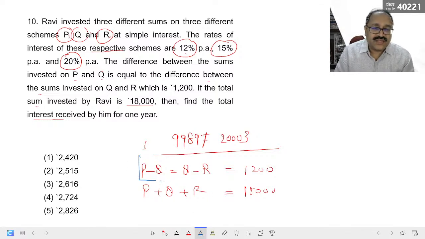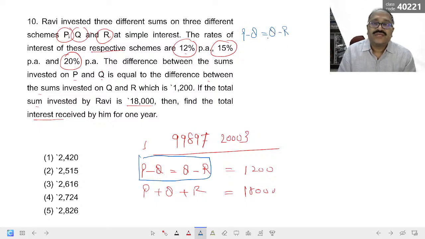Use this equation: P minus Q is equal to Q minus R. Then 2Q is equal to P plus R. So in this, replace P plus R by 2Q, then you will get the total 3Q, which is equal to 18,000. If 3Q is equal to 18,000, then Q is equal to 6,000.